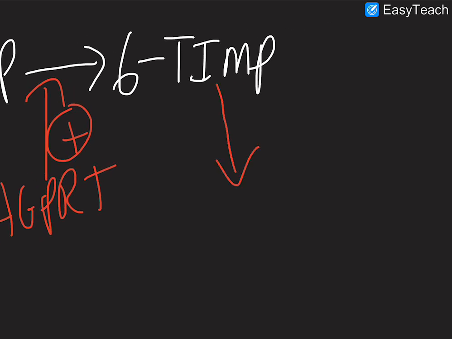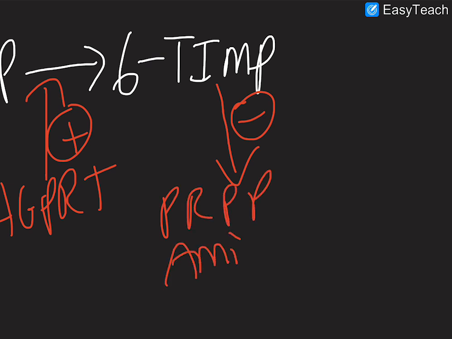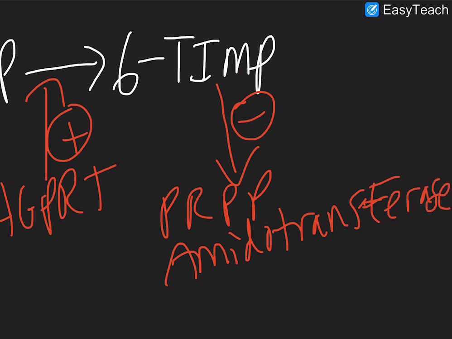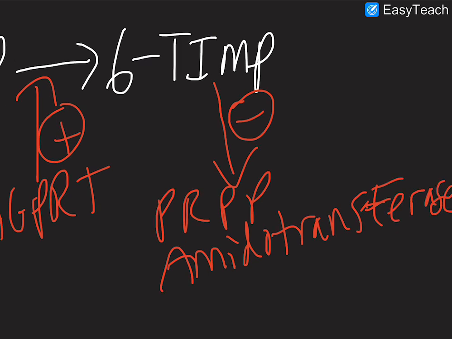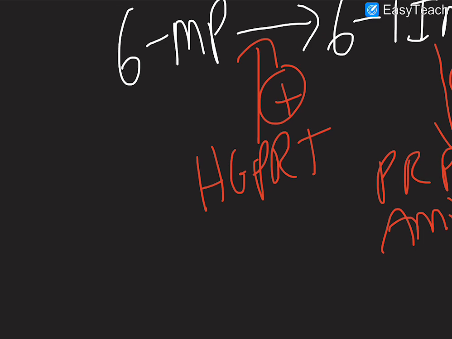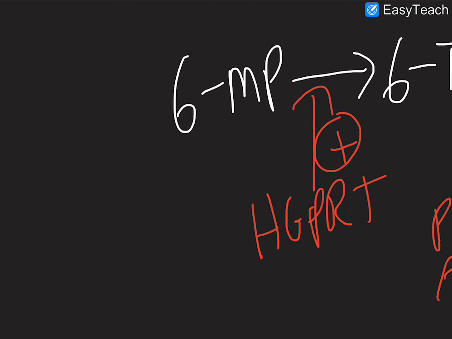All right, well, what does 6-TIMP do? Do we remember that? Remember it goes and it inhibits what enzyme? PRPP aminotransferase, right? Or also called glutamine phosphoribosyl aminotransferase. So in this case, I'll just write PRPP aminotransferase since it's shorter, right? All right, so 6-TIMP inhibits PRPP aminotransferase. Okay, and then remember, what's the prodrug of 6-mercaptopurine?